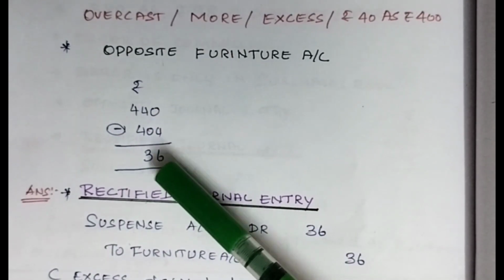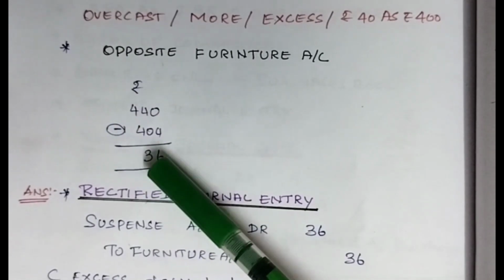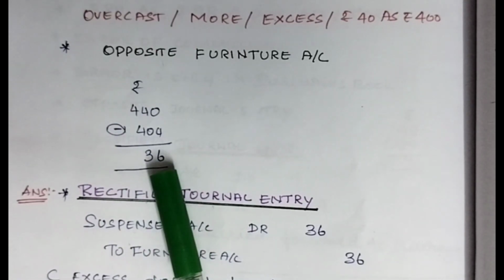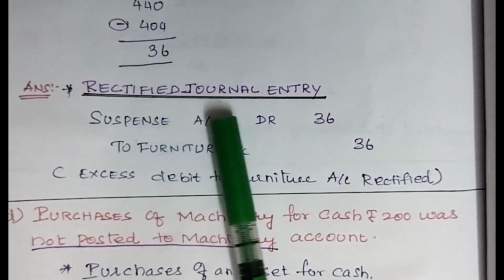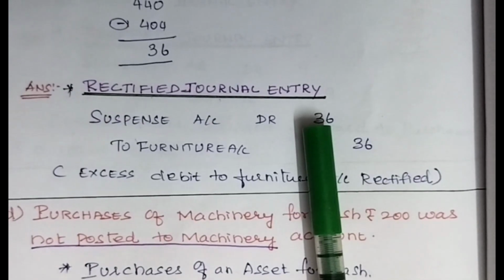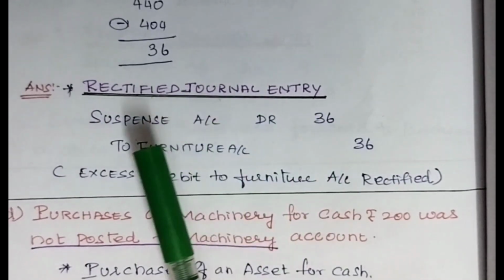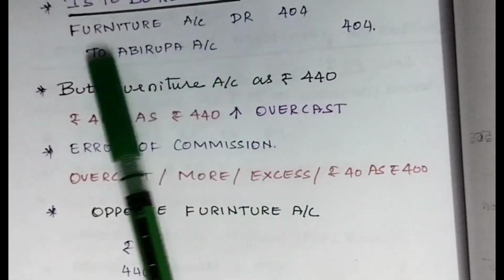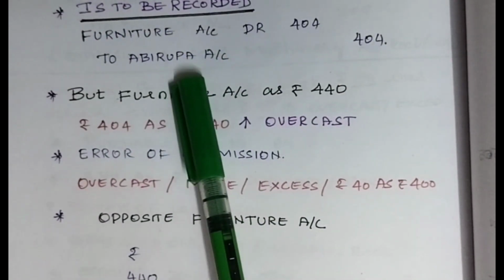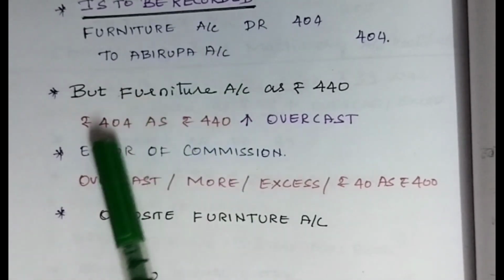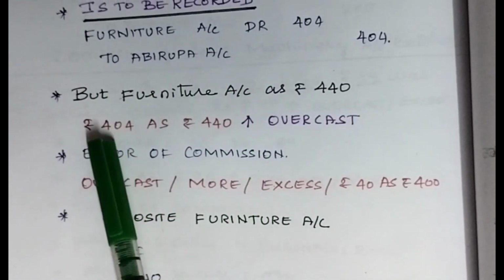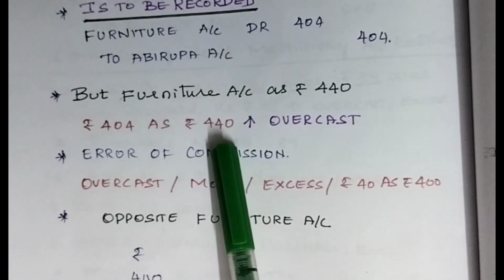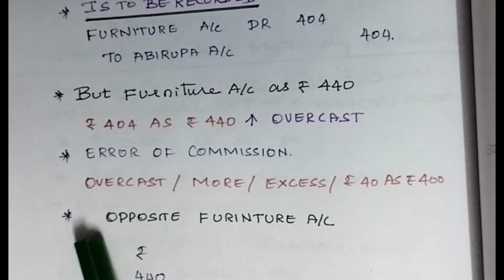So to rectify the furniture account, you have to enter the difference amount. This is the rectification journal entry. Which account has the error? Only the furniture account. Whenever you see overcast, where the accountant entered 440 instead of 404, you have to follow the opposite journal entry.